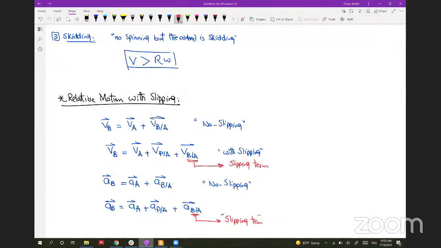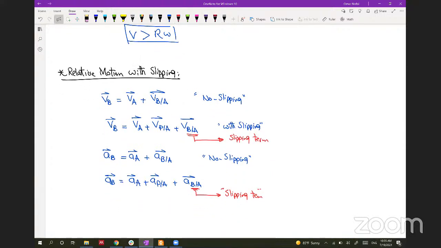I will not ask you how we derive these equations, but what we need to do is understand what each term of this equation means and how we can use it to solve our problems. And this is totally what I want from the concept of relative motion with slipping.